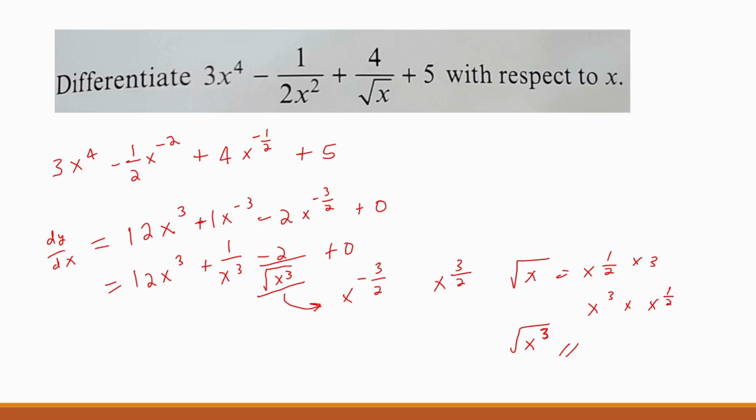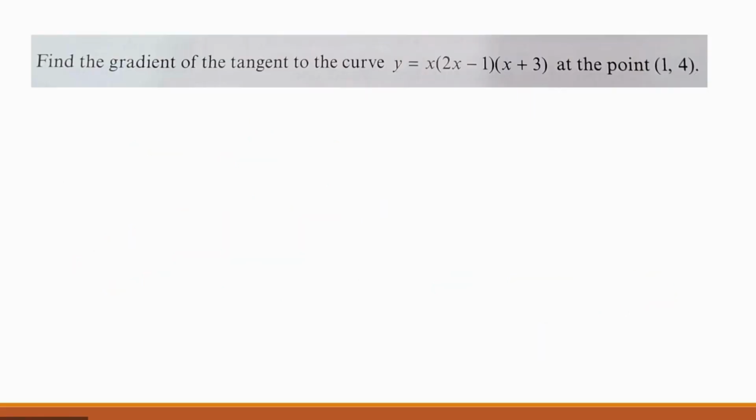Now moving on to another beautiful question. As you can see, find the gradient of the tangent to the curve y is equal to x into 2x minus 1 into x plus 3 at the point 1, 4. First of all, let me just write it out for myself: 2x minus 1 into x plus 3. Now basically what we are going to do is just multiply them. 2x squared minus x into x plus 3.